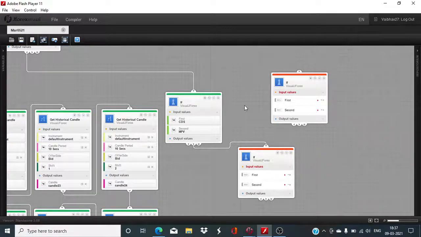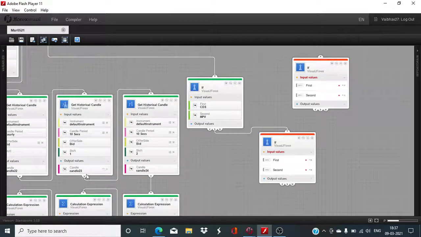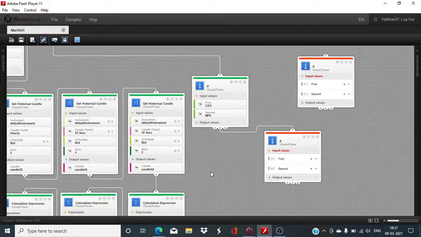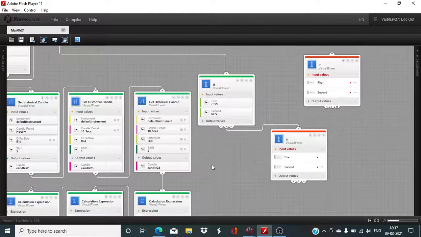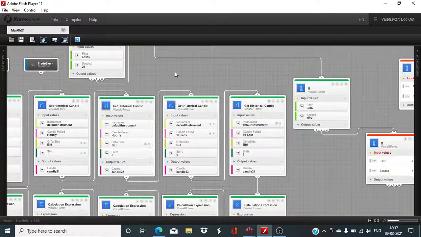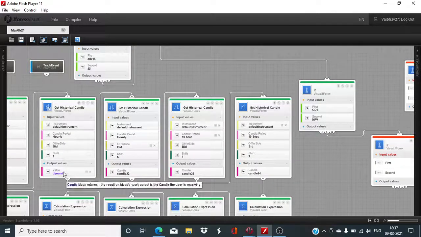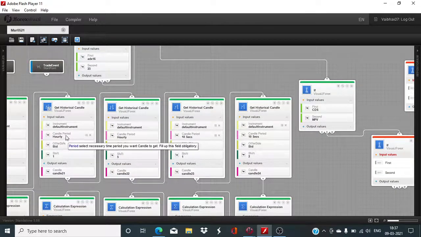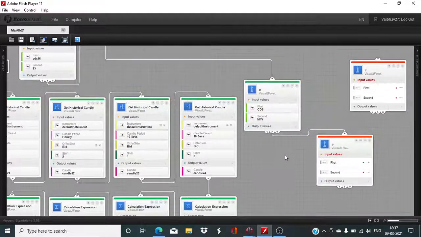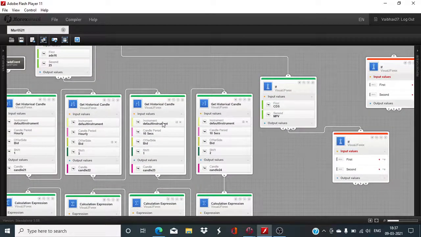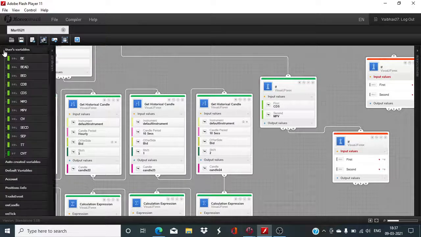Now, to define the exact entry point, we will have to take the help of candle 23 and candle 24 closing prices and compare them with candle 21's closing price, which is the hourly candle, and these are 10 seconds candles. So candle 21's closing price we need to take.